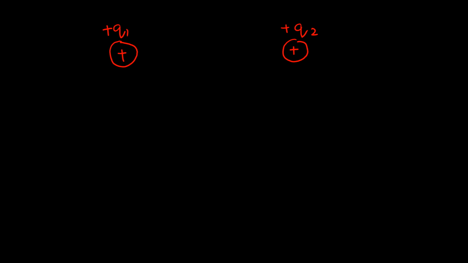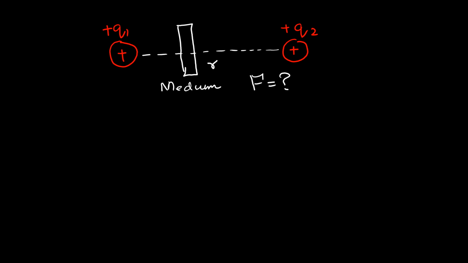The distance between these two positive charges is R. Now if there is a medium present between the point charges, then in such a situation, what will be the Coulomb force between these two positive charges when they are at rest?